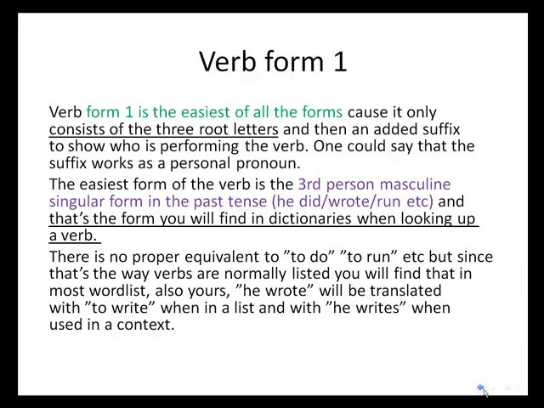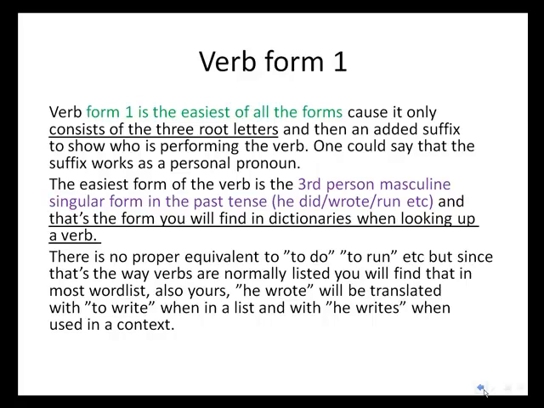As we said, verb form 1 is the easiest form, consists only of the 3 root letters. The easiest form is the third person masculine singular form, because in the past tense that's the thing that you start with. It's only 3 letters, right?